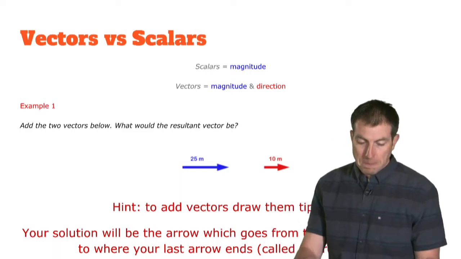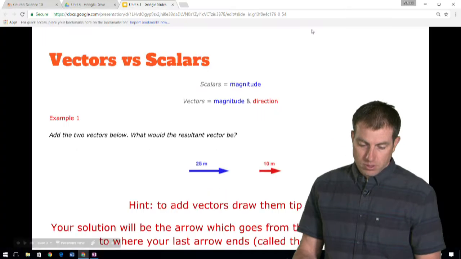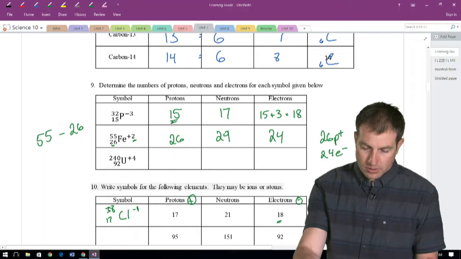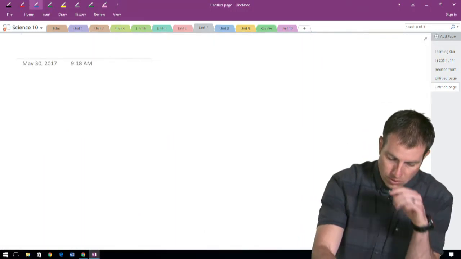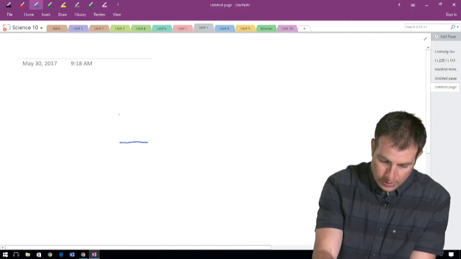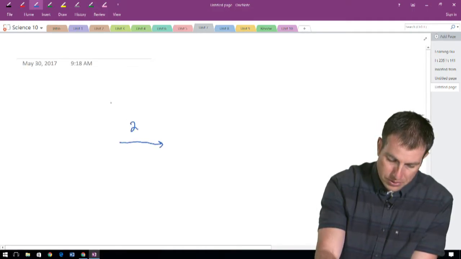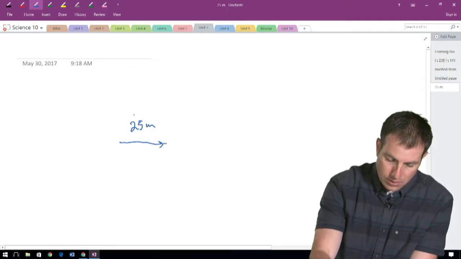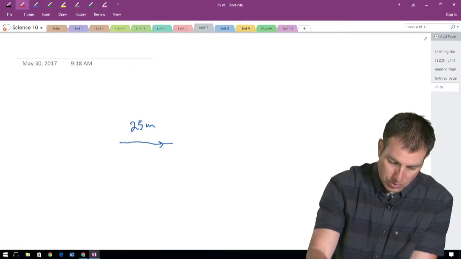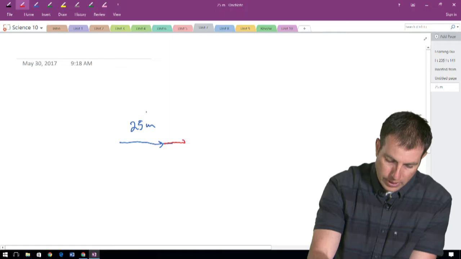So at a very basic level, we can do this. I have my first arrow, I forget what color it was. That's 25 meters. And then I have a second arrow, hoping for red. There's my second arrow. It's going to be 10 meters.